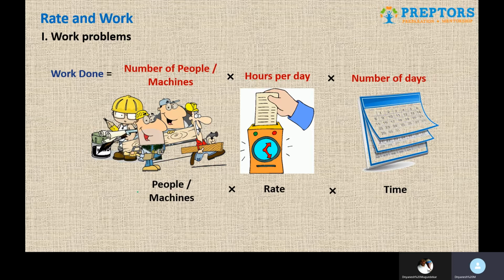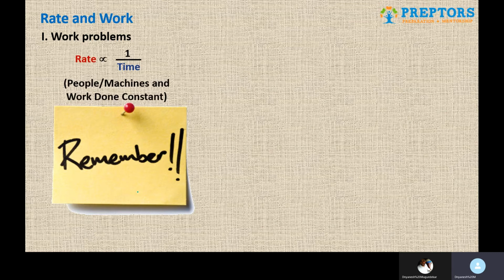Since we have seen the formula, let's very quickly see some relations. The first one is that rate is inversely proportional to time, provided the number of people and machines is constant and work done is also constant. And this makes a lot of sense because the way we defined the rate is how many hours per day the workers are working, whether 6 hours or 8 hours or 10 hours.